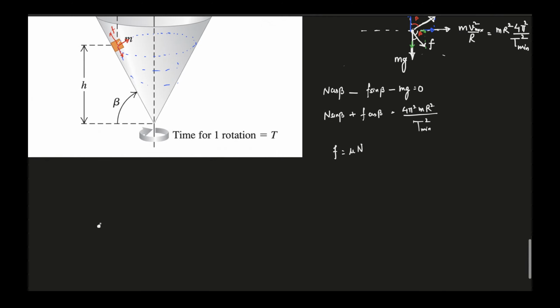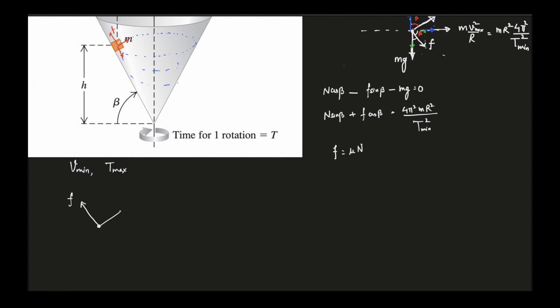The normal reaction, the friction will now be working this way if it is V min. Remember, we are talking about in terms of velocity or T max. So friction will work upward. Normal reaction will work at 90 degrees. Mg will work vertically downward.